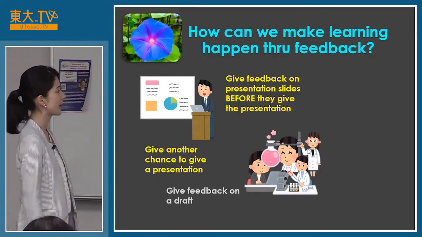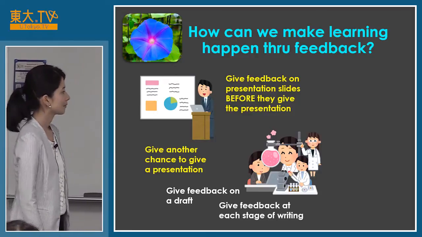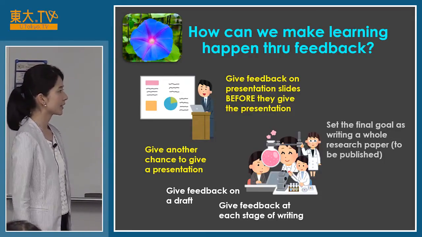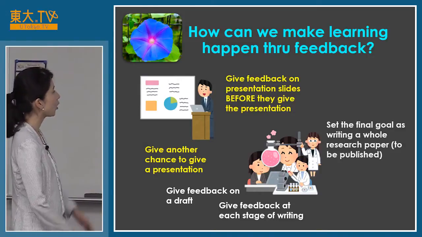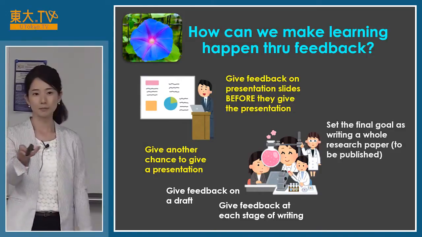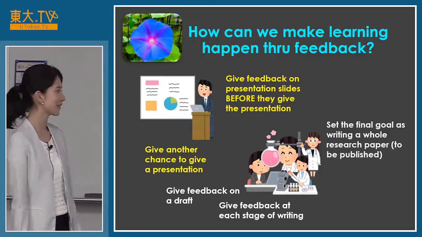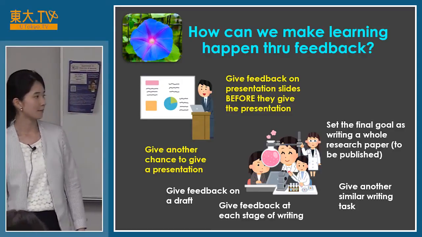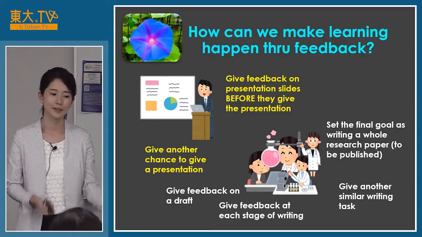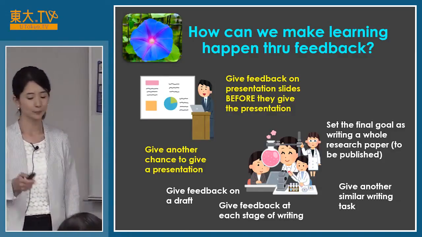If it's a writing kind of task, we can give feedback on their drafts, and at each stage of writing, and set the final goal as writing a whole research paper and possibly to be published, like the Alessa people are doing. And also, we can always give another similar writing task, maybe not in the same course, but if we think about it in a longer term, that's what we want to do.